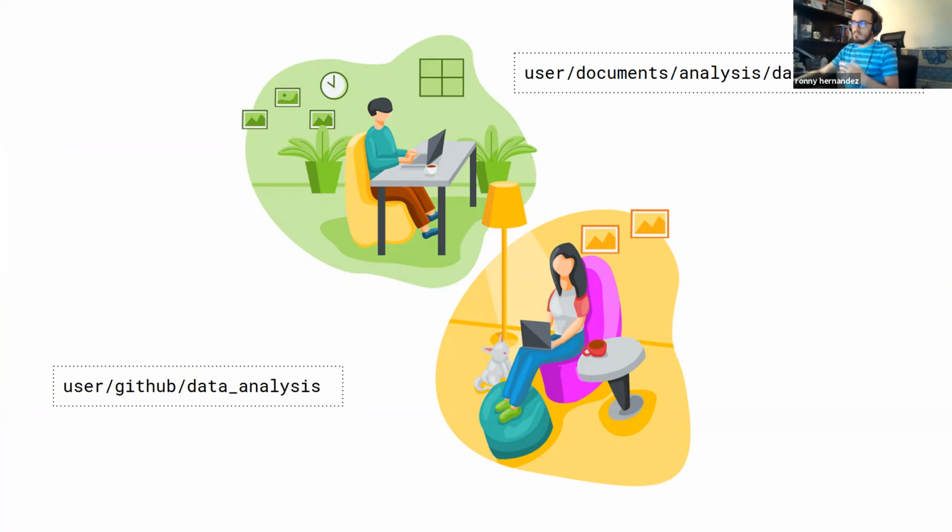But one person has the data analysis directory under user, under documents, under analysis, and then you find data analysis, while the other person has the directory user, then GitHub, and then data analysis. So both of them are working on the data analysis folder, but they organize their files differently in their computers.